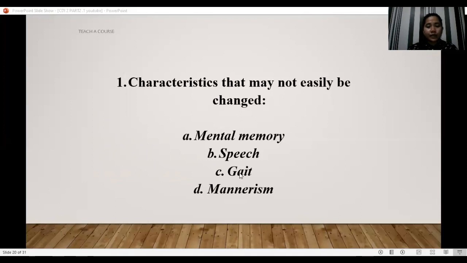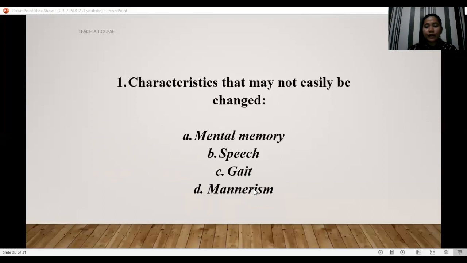So, the third one is gait. So when we say gait, it refers to the manner of walking, or it may show in some persons or in accounts of disease or some inborn traits. So the third one is mannerism. So let's proceed with different forms of gait.